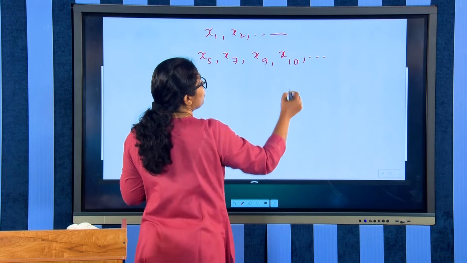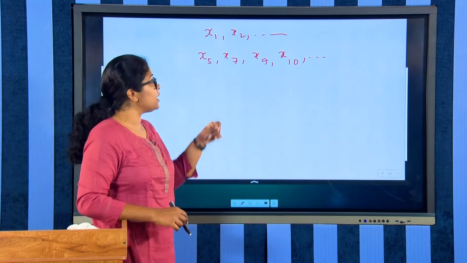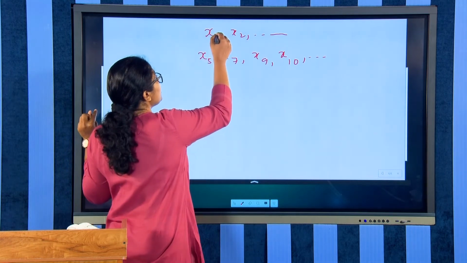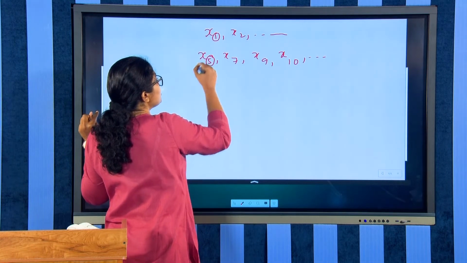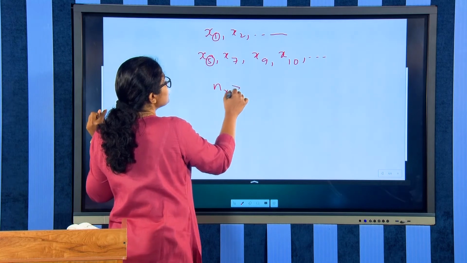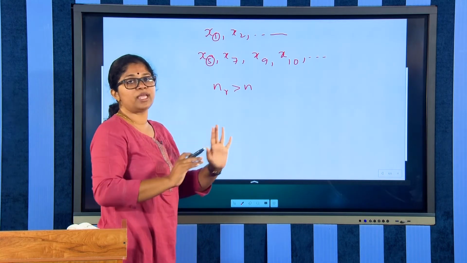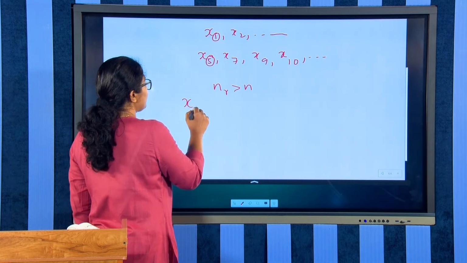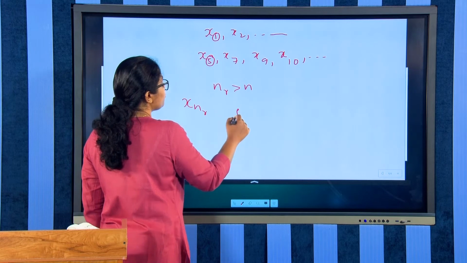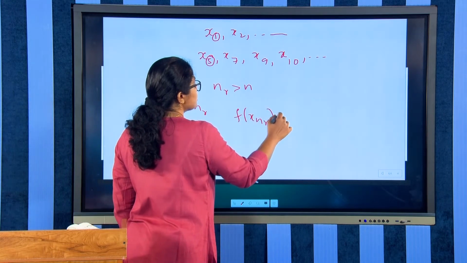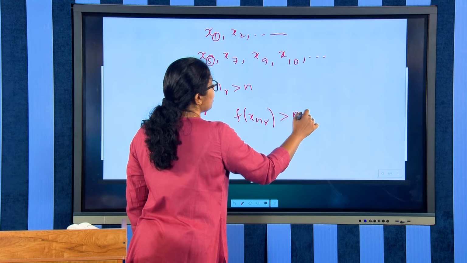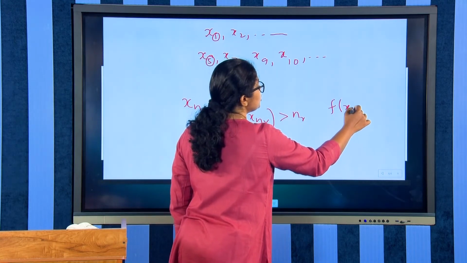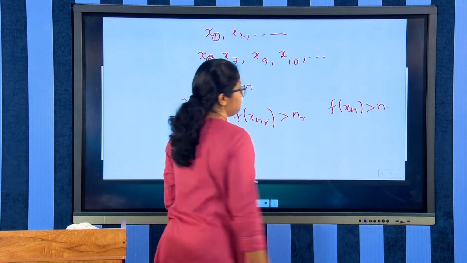So, we can see the corresponding suffixes n and nr are such that nr is greater than or equal to n for every n. So, you have your xnr such that f of xnr is greater than nr, which is greater than n, because your f of xn by assumption was greater than n.